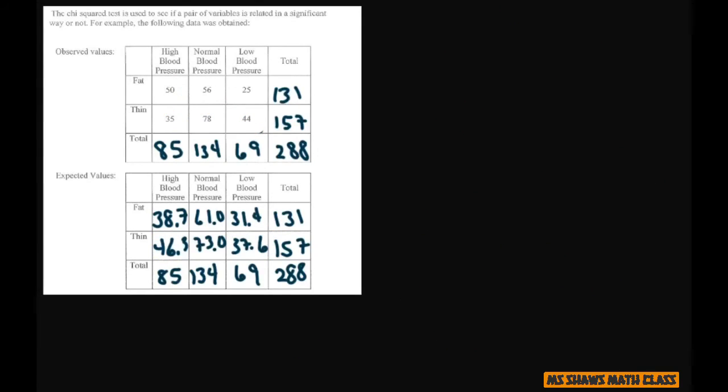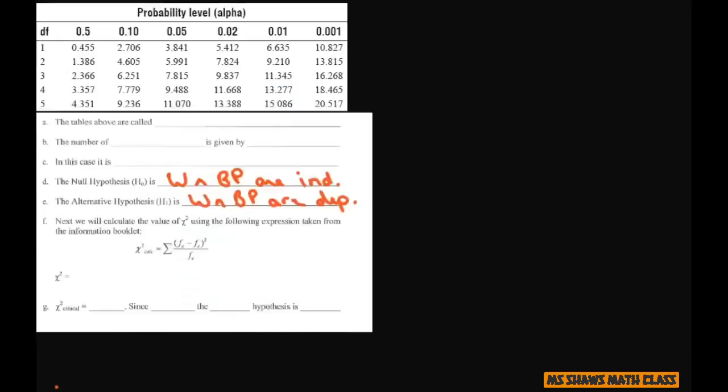Now, what we want to do is find the critical value. Our critical value, we have to use our degrees of freedom. So our degree of freedom was 2, and we want the 95% level of certainty. So you go to this number, and that is 5.991.